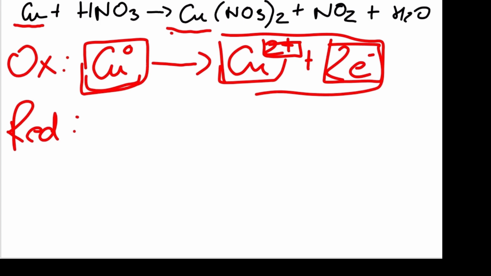So in this solution, in the case of nitric acid, exist hydrogen cations and nitrate anions. Nitrogen is contained in the nitrate anion. So we need to take the nitrate anion.